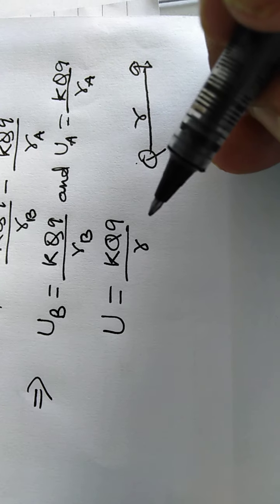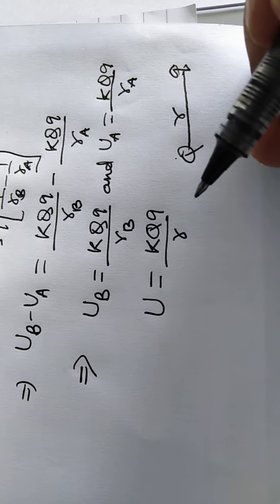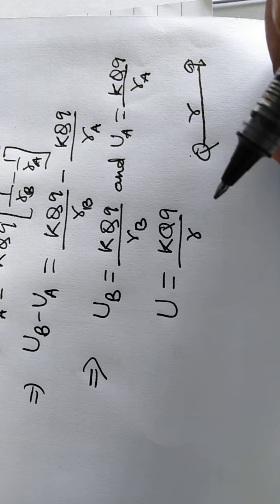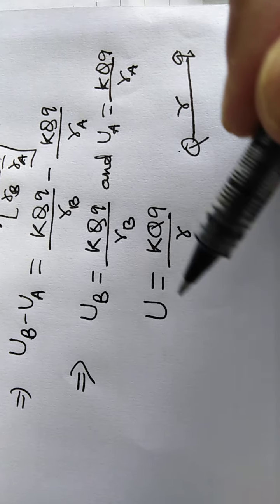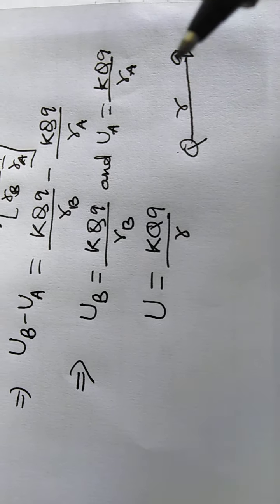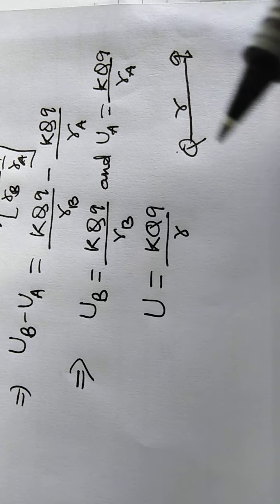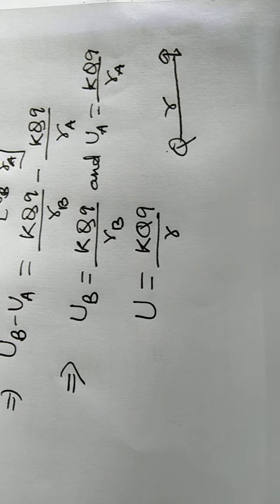But the potential energy is not a significant term. The significant term is potential energy difference, because we can add any non-zero constant to the potential energy, and we can take any value of potential energy at a point by adding that term. But potential energy difference remains constant.